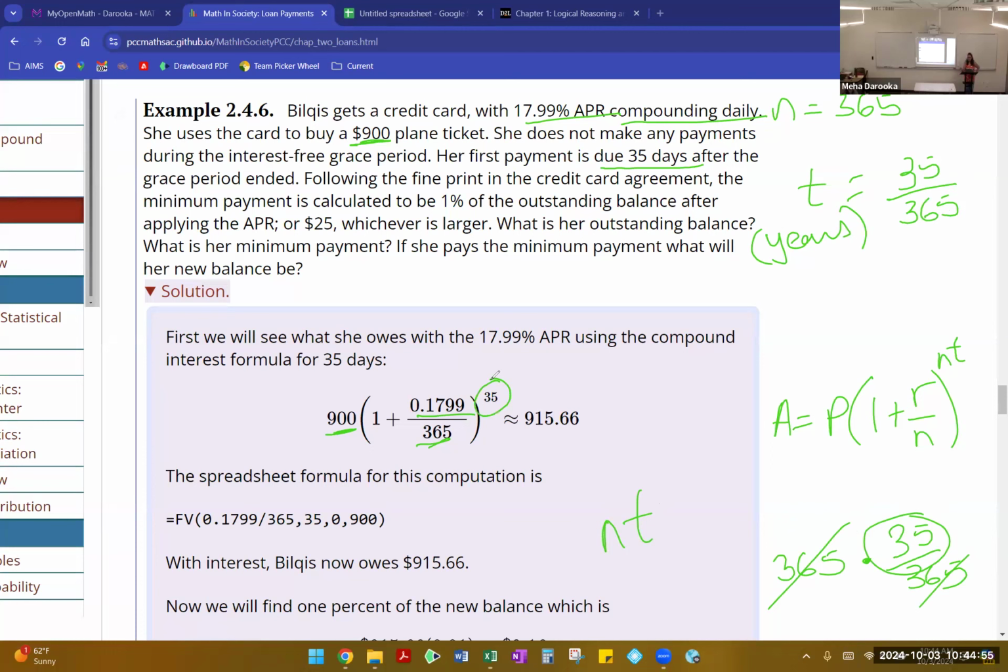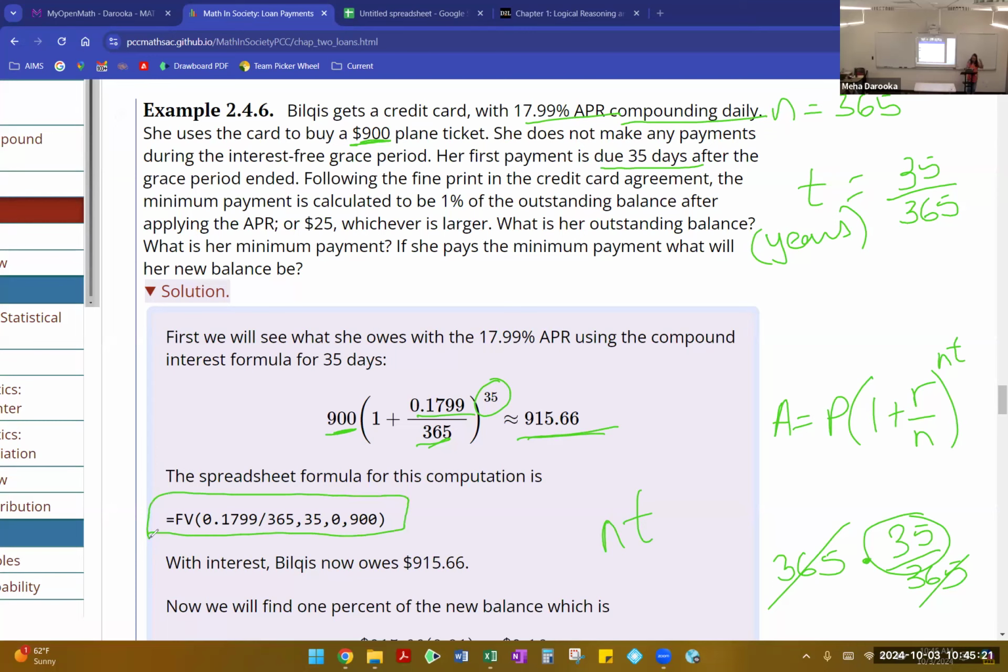The math is there, they're just not showing you how they came up with that. But remember, they're still doing N times T on that exponent. Once we put all of that into our formula, this tells us that Bilkis will have to pay $915.66.